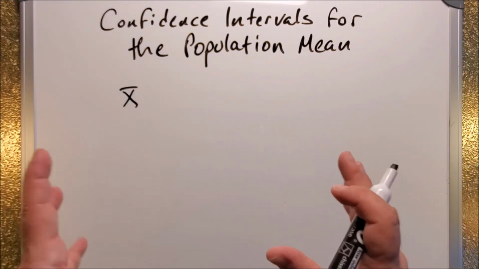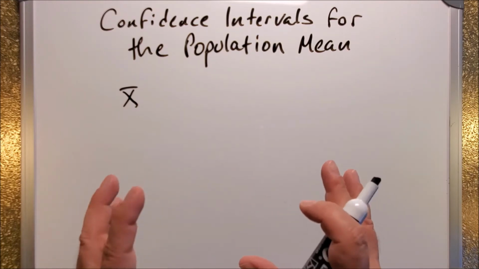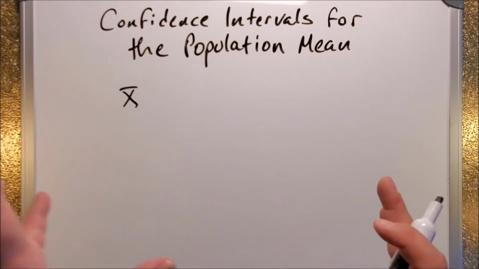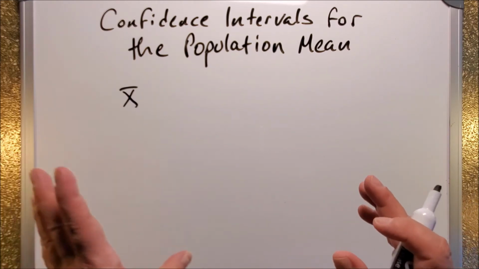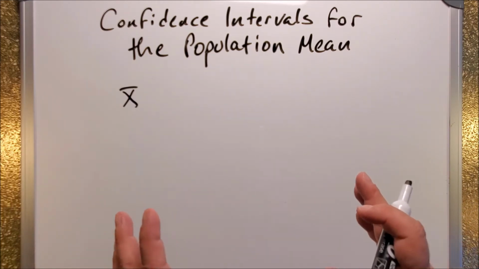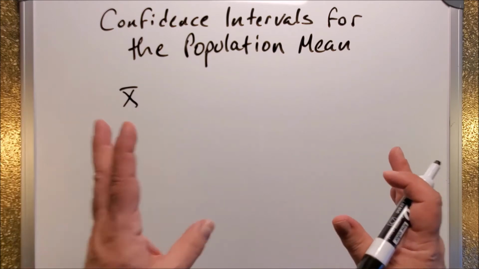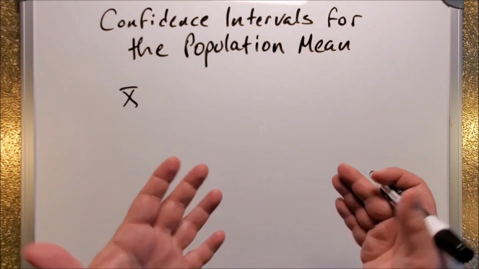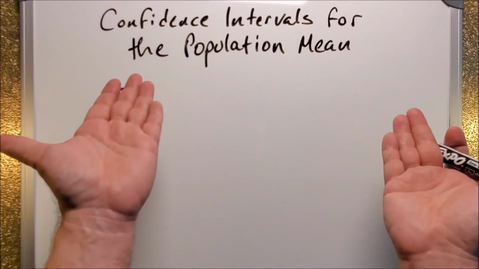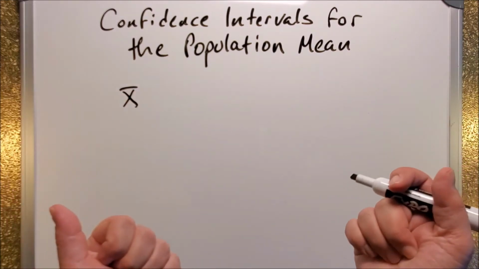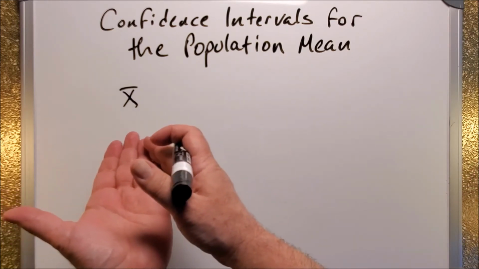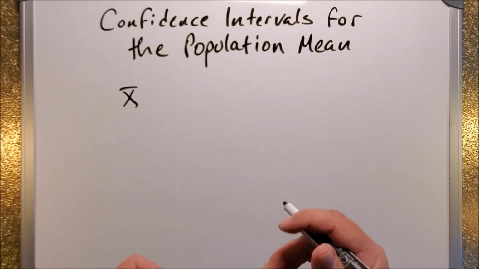From a student's perspective, you should be getting a little blinking red light or an exclamation point in your head right now that says, oh, that's how I can tell the difference between the questions. If you're given a sample and the mean to that sample, you're going to be doing a confidence interval for the population mean. You're not going to be doing a population proportion when the sample yields to you a mean.